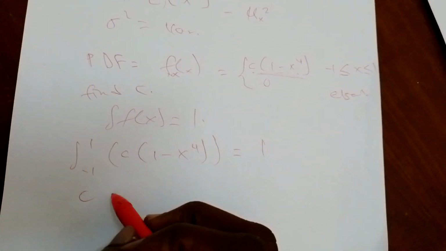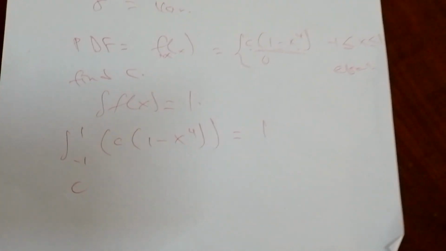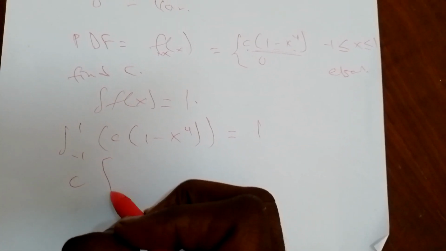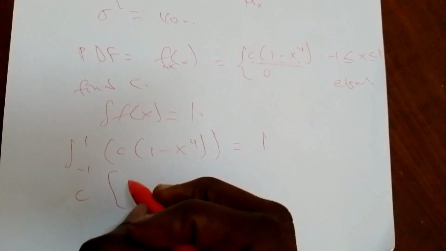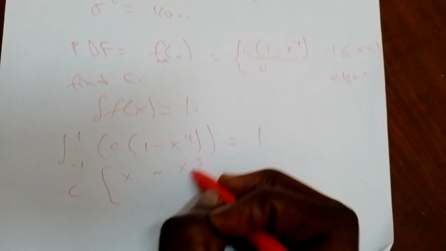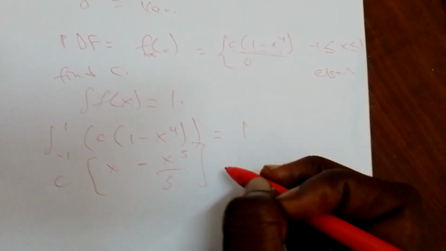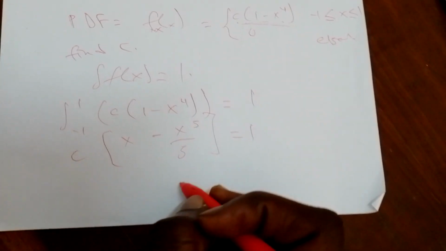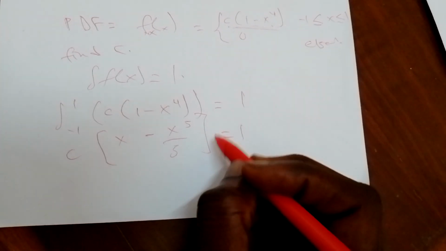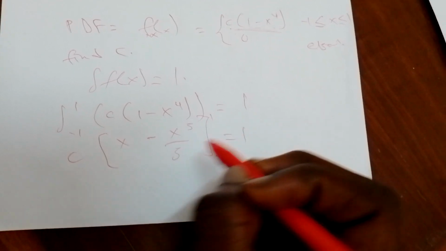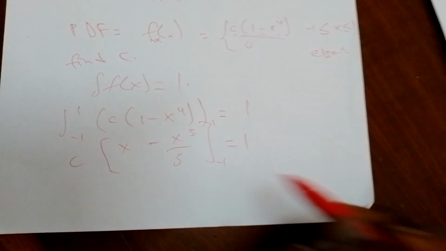So here we say c into, so we have c multiplying. If you integrate all of this, you just get x minus x power 5 on 5. This is quite straightforward. Equals 1. Then you have minus 1 to 1, so you can do your subtractions.